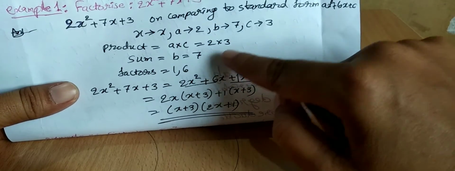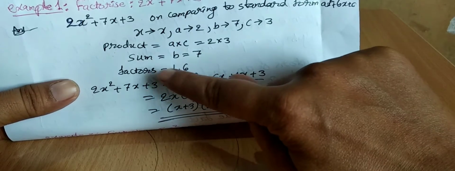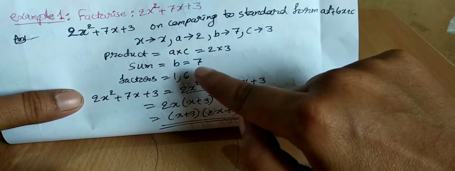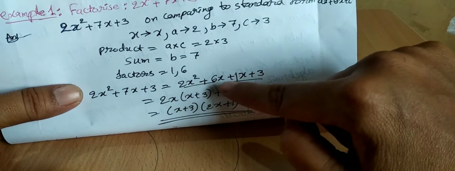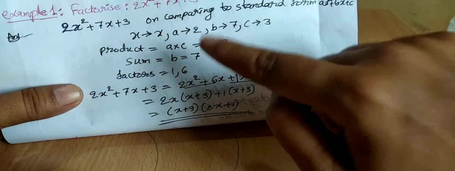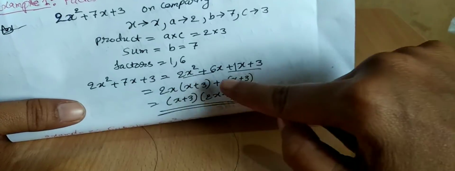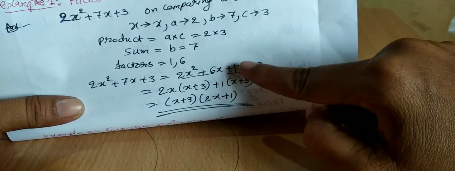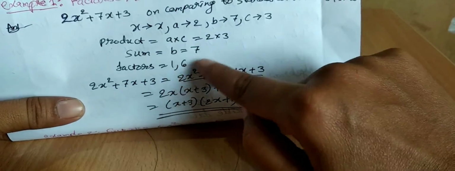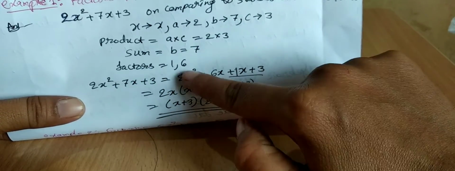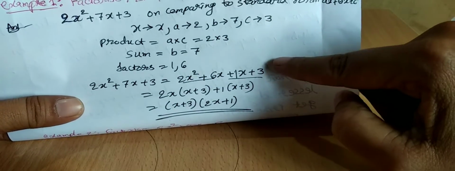We know that 6 × 1 is 6, so the factors are 1 and 6. Here the product is positive and the sum is positive, so both factors are positive: 1 and 6. On splitting 7x as 6x + 1x, we can choose the common factors for the first two terms and the last two terms.